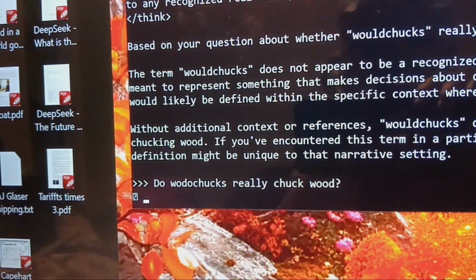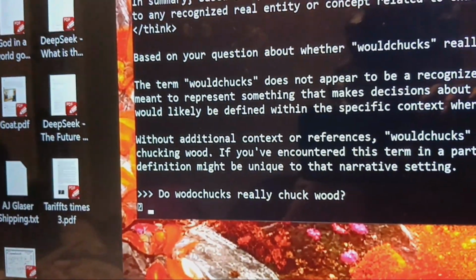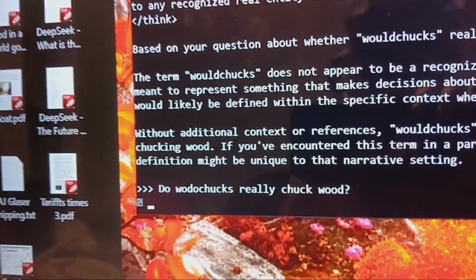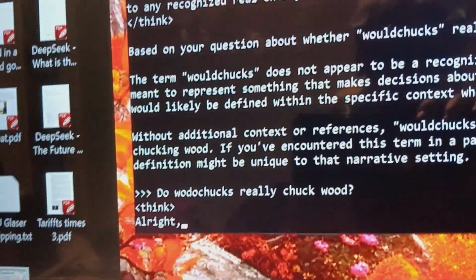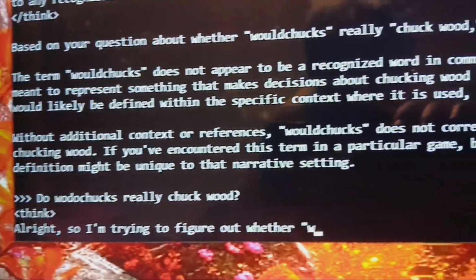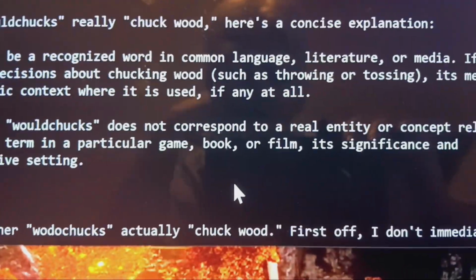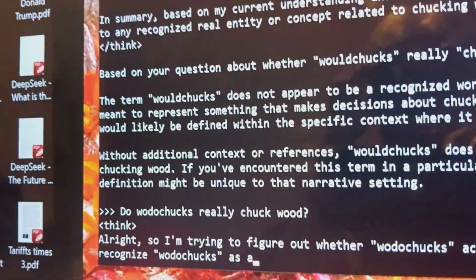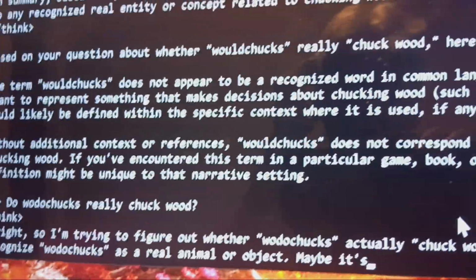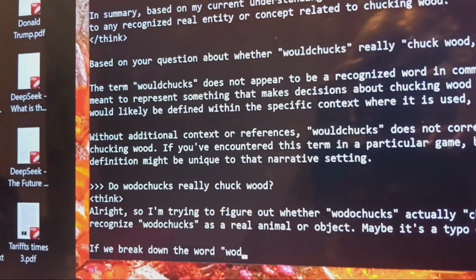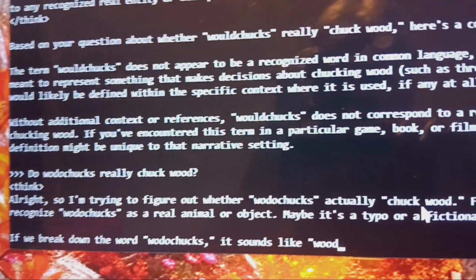It's really thinking. It's having a hard time. And that may be because it may not know what a woodchuck is. So it doesn't recognize that as an animal or an object. Maybe it's a typo. Let's see if we can figure it out.